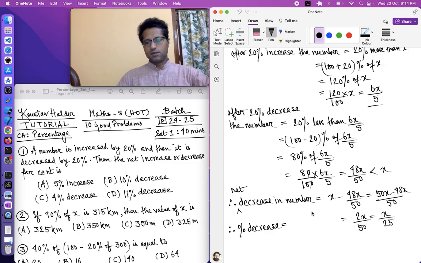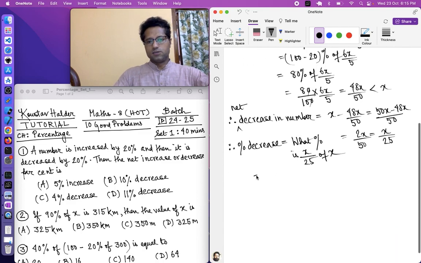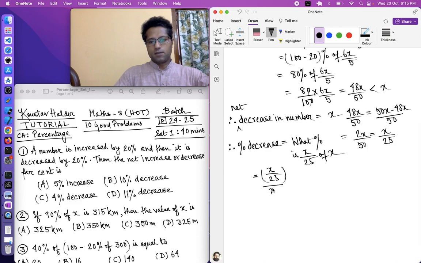This is equal to x by 25 divided by x multiplied by 100.